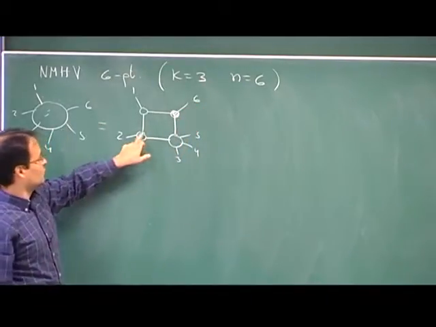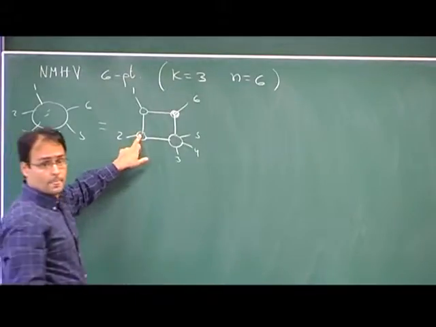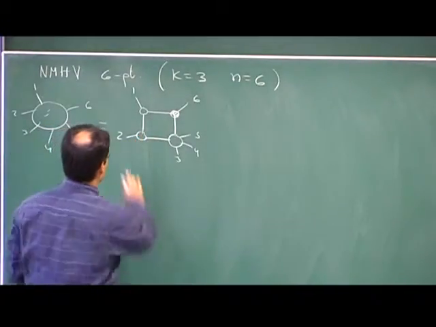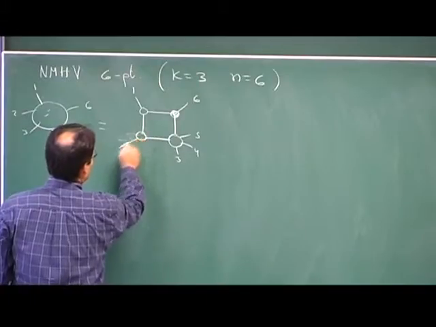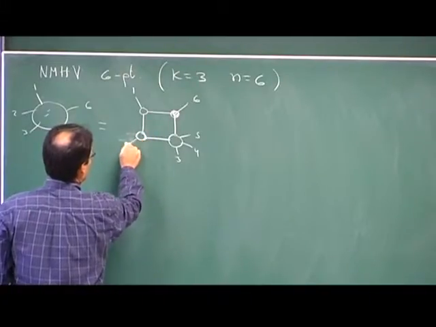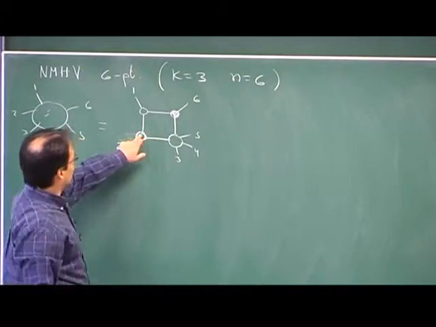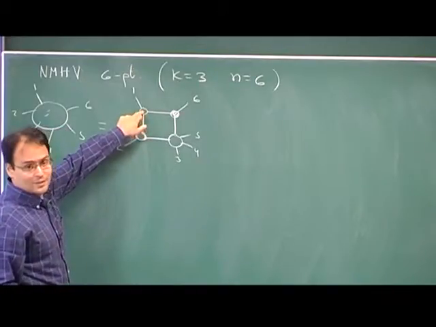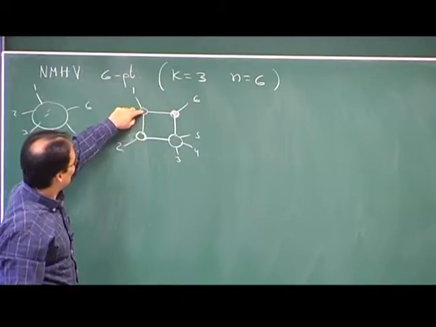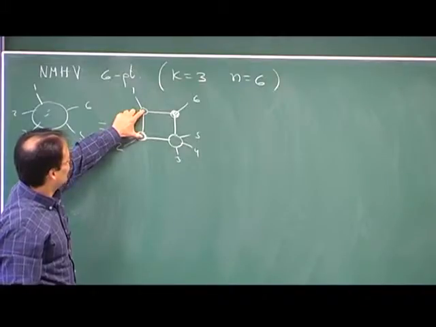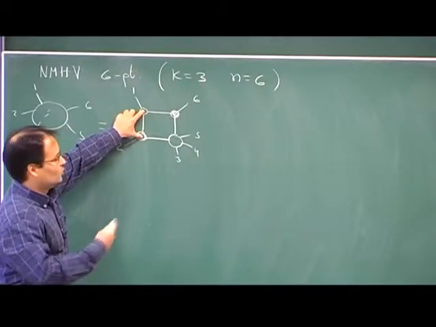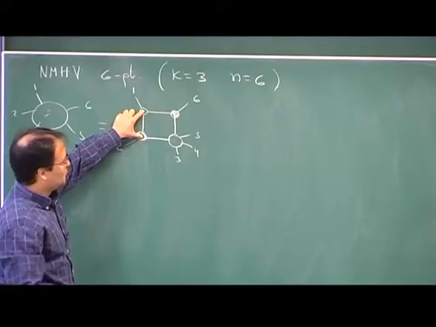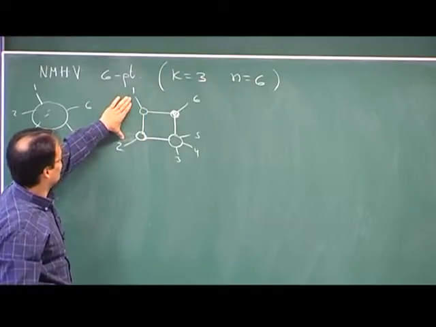Now we have to decide what to do with the color of this guy, right? Well, one way to decide is as follows. If this guy is white, just like this one is, clearly, these two guys are of the same color. That would mean in twistor space that these two guys represent the same twistor.